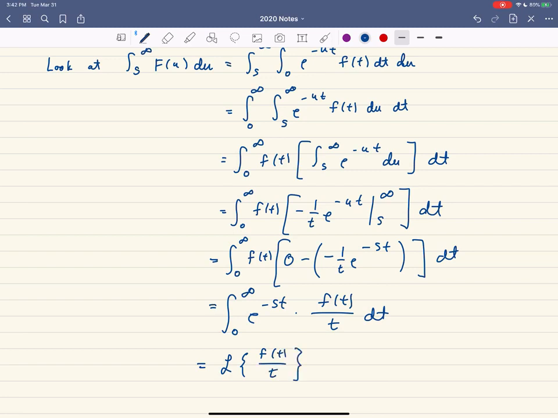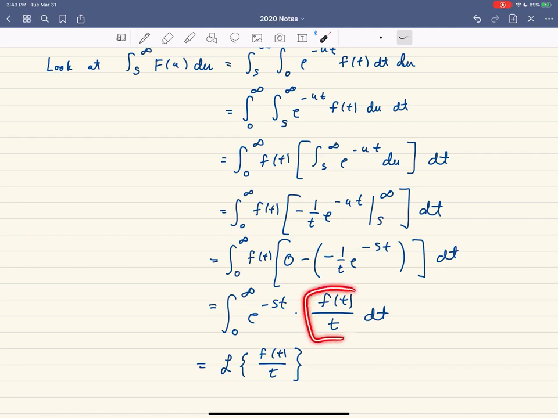Okay, I think it's worthwhile to talk about the assumptions that we just made there. We just did a bunch of things, but what we really need is for this f of t over t part to be well behaved, not at infinity. Actually, we don't care about that, because as long as f is exponentially bounded, it's fine, and dividing by t is not going to matter as we go to infinity.